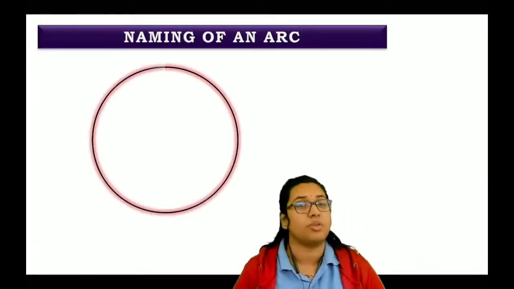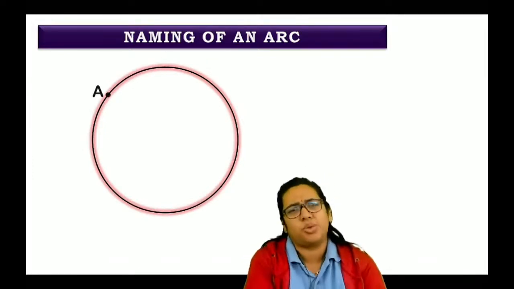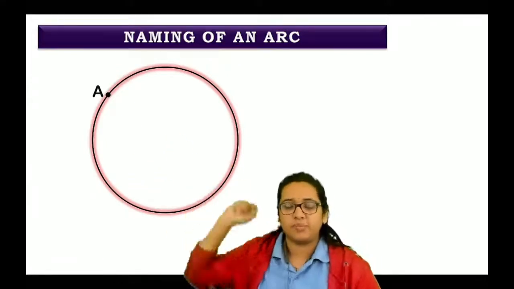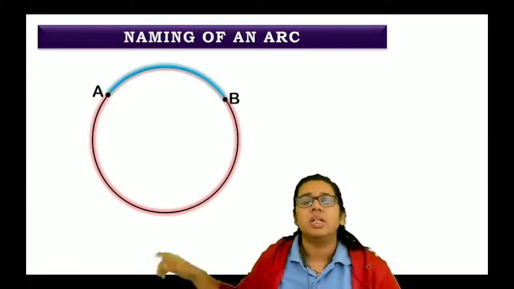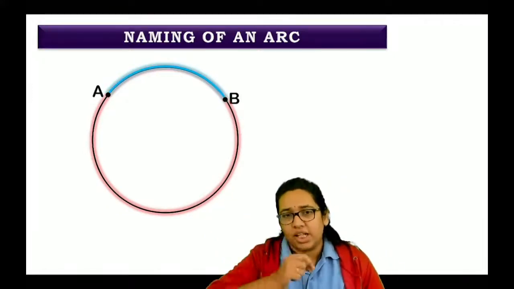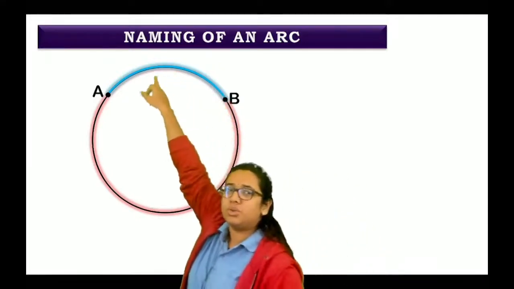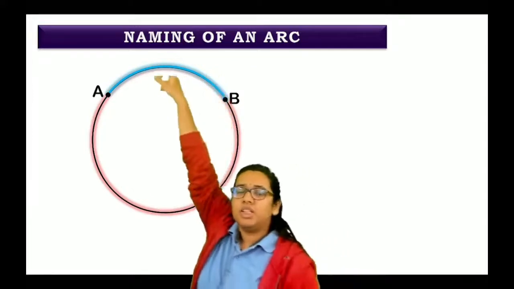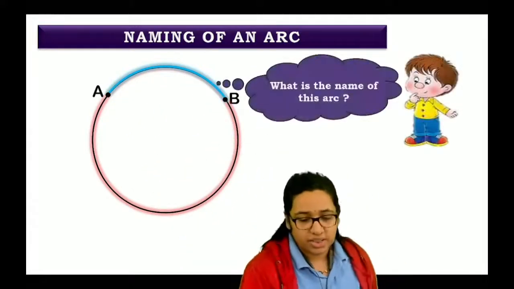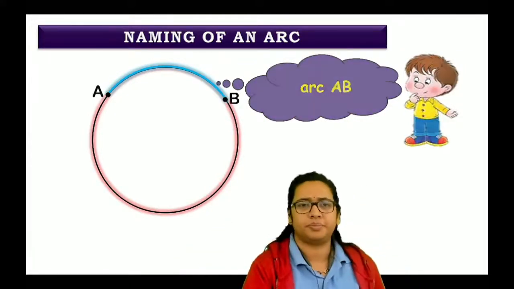So naming of an arc is very important, okay? And one mark is asked for it. It is important but again a small question. See, A is a point on the circle, B is another point on the circle. So what were you saying? Like any two points you had to join, but for that you will just use the circle's path. If you join A to B using the circle's path, then it will be arc AB.